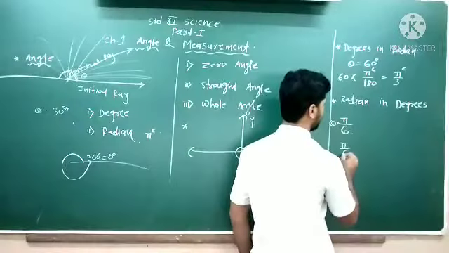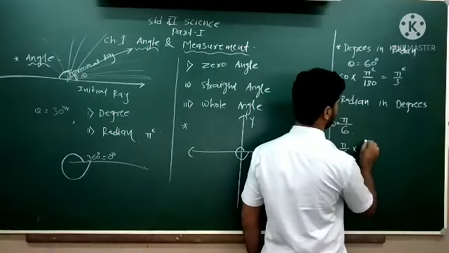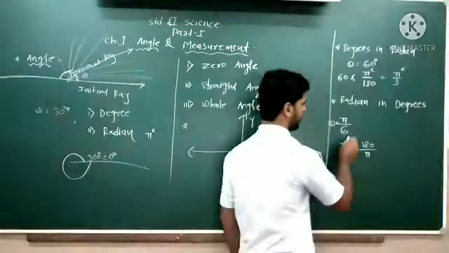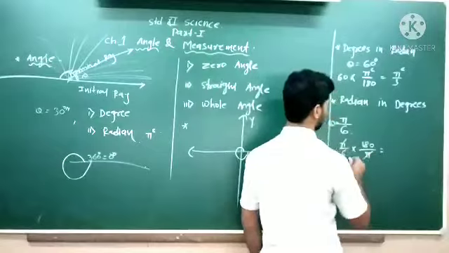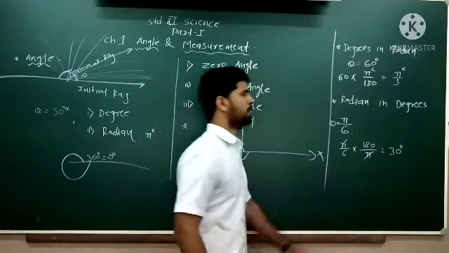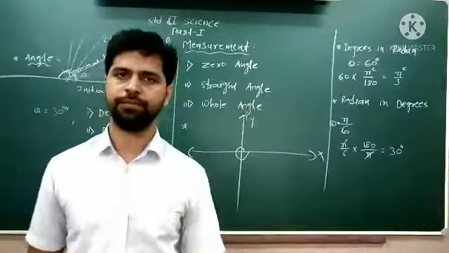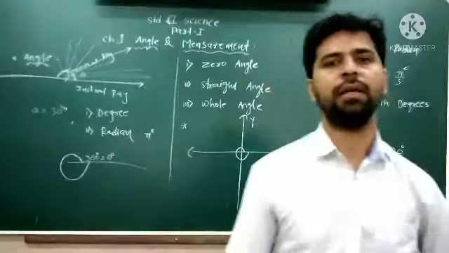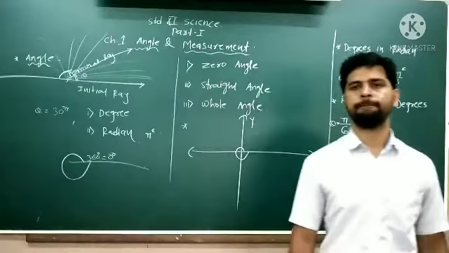Just multiply that pi by 6 with 180 upon pi, like this. So pi will get cancelled. What you will get, 6 will divide to 180, you will get 30. Right? So pi by 6 is 30 degrees. So this is how you can convert any degrees to radian and radian to degrees. Okay? Have you understood this?